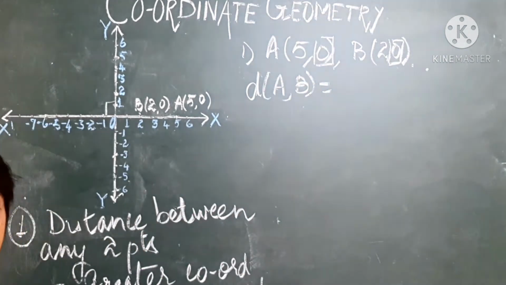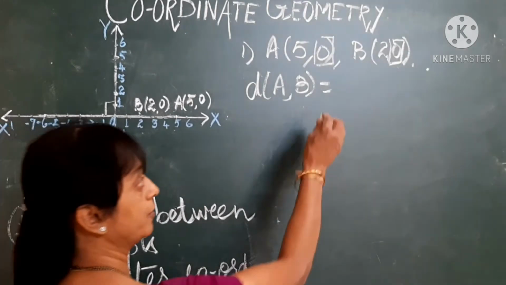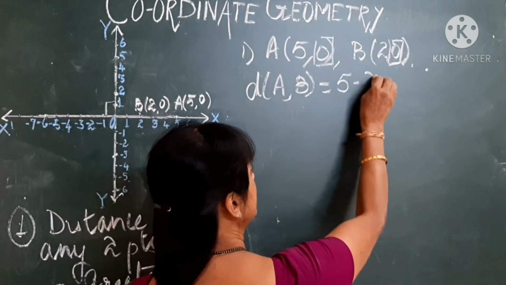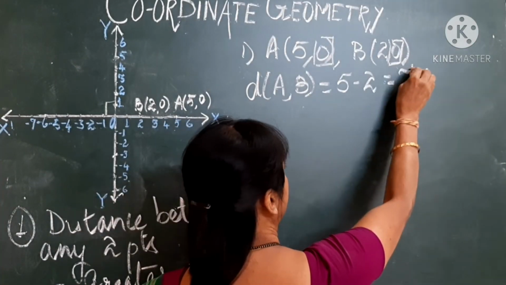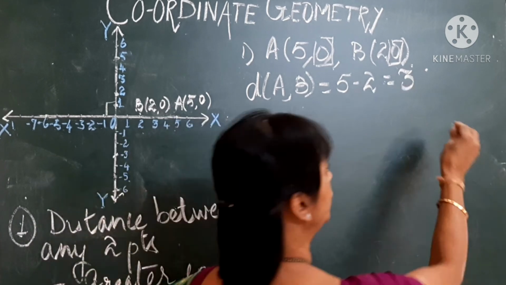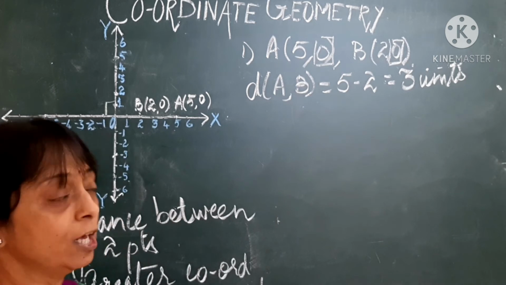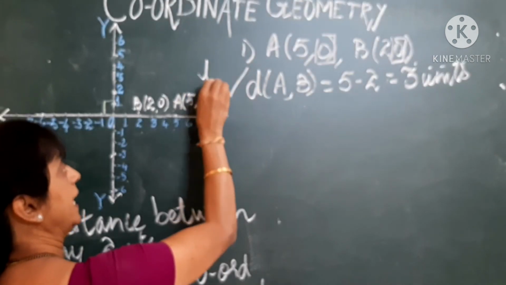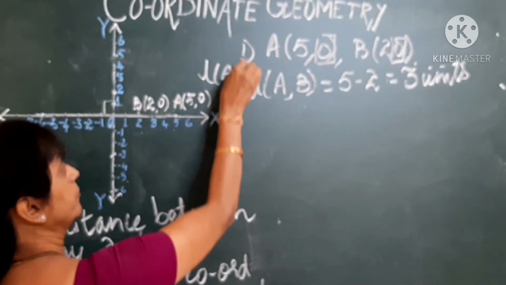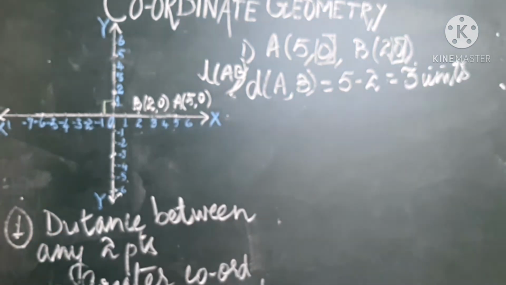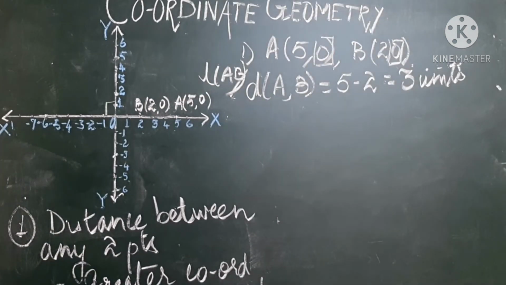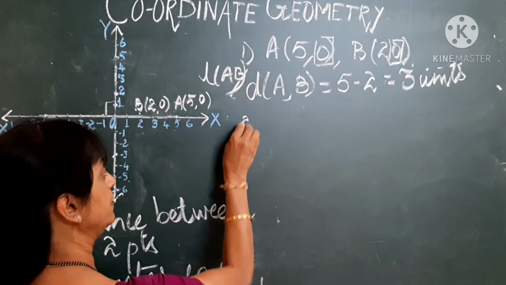Which is greater? 5 is greater. So greater coordinate minus the smaller coordinate, that is equal to 3 units. So thus the distance between AB, or you can say length AB, is equal to 3 units. Let's take another example, children.